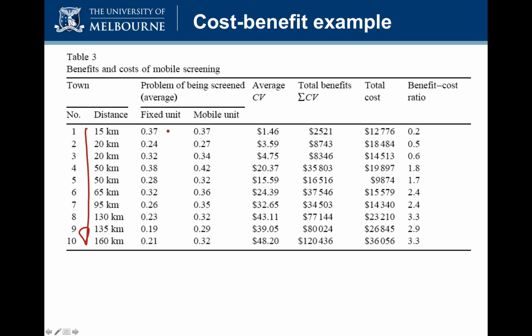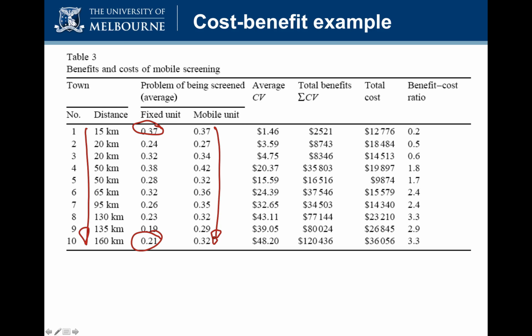So if they're only 15 kilometres away, they have around about a 37% chance of attending that breast cancer screening site. If they're 160 kilometres away, they have about a 20% chance. If you introduce mobile units, the probability of the women attending increases.